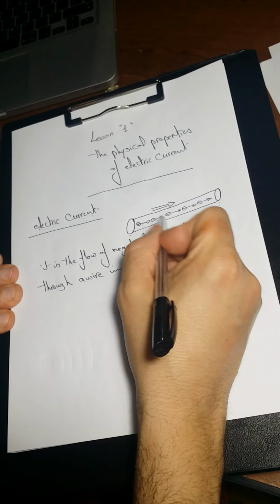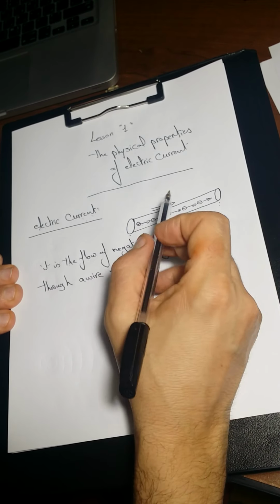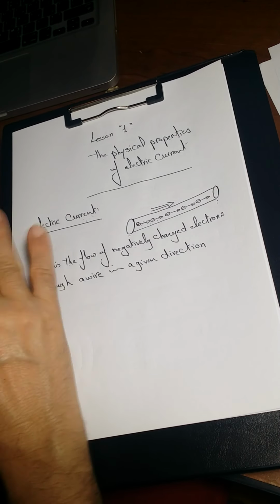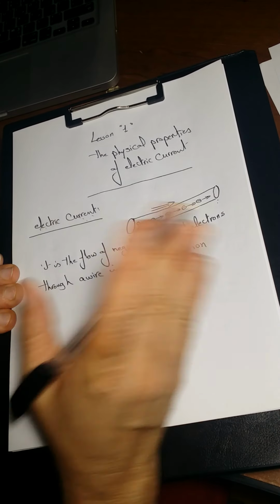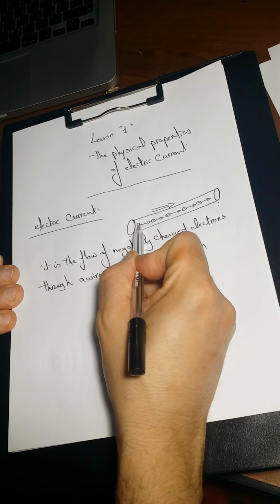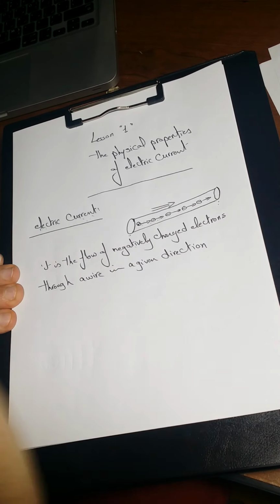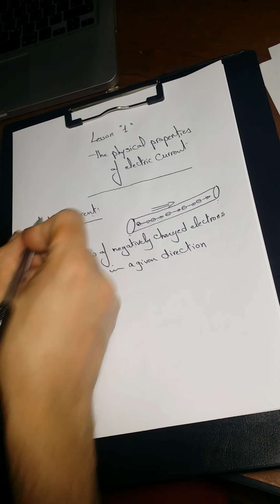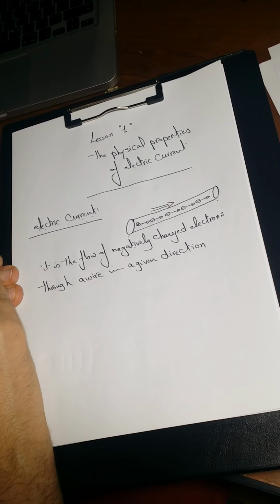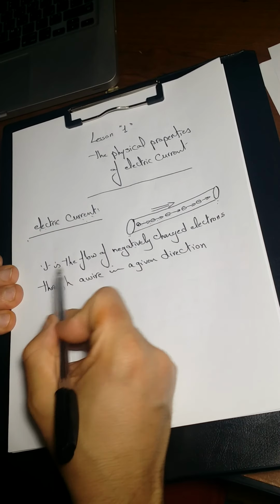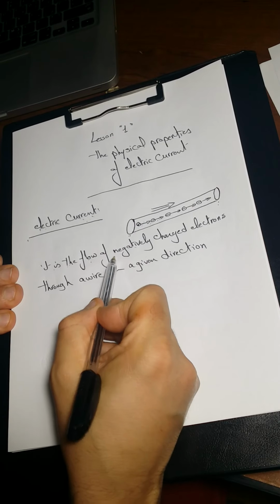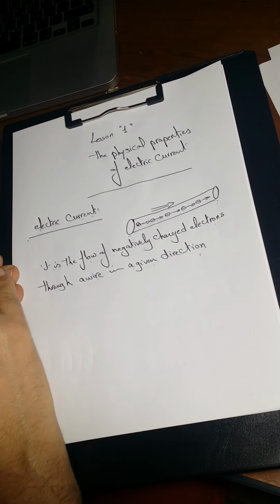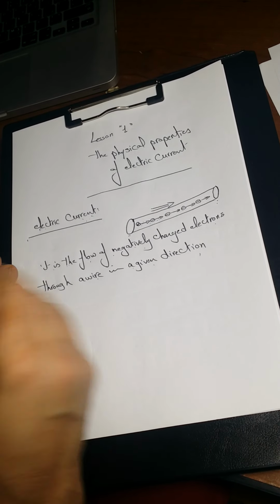If this happened, you would get something called an electric shock or short circuit, which we see in some electric circuits. But you have to know that electrons have to move in one direction in any metallic conductor or in any wire. So this is the meaning of electric current. So what is meant by electric current? Electric current is the flow of negatively charged electrons through a wire in a given direction.